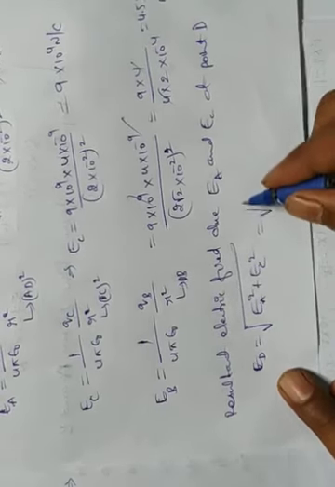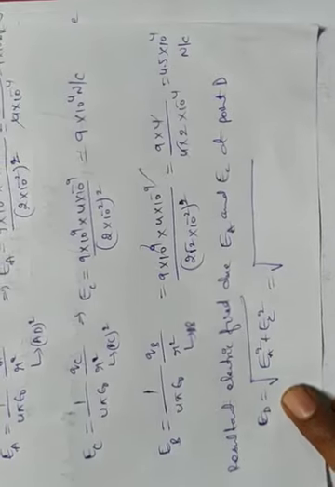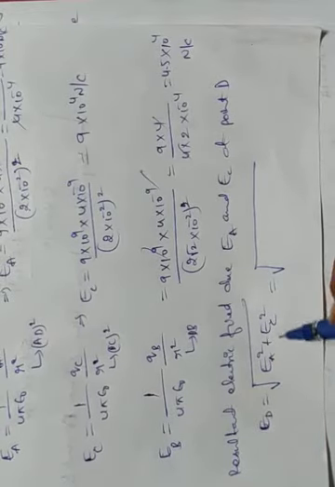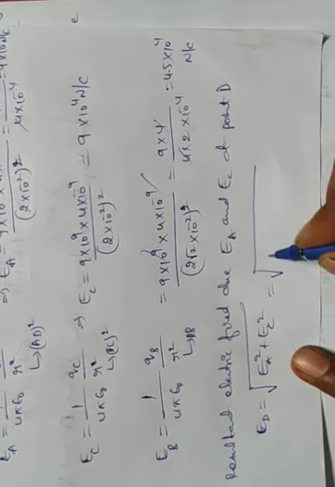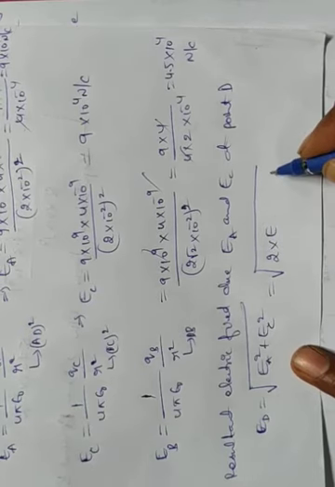Observe carefully, both are the same only. EA and EC are both the same, so we can write 2 times the electric field.